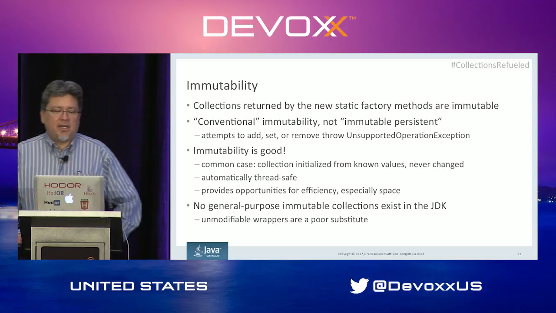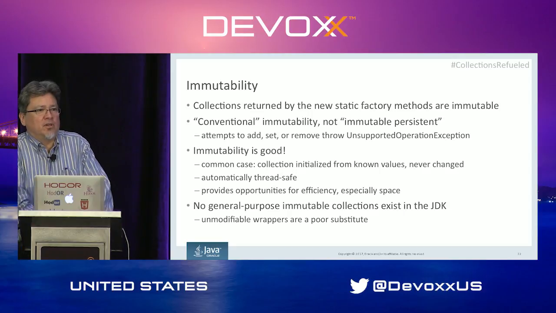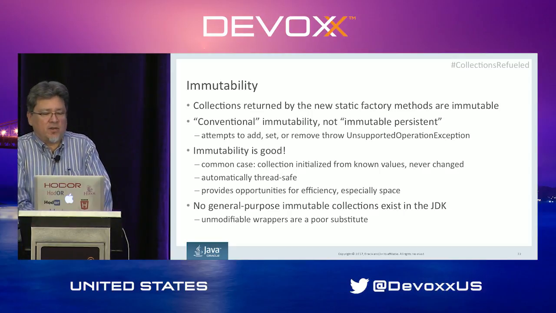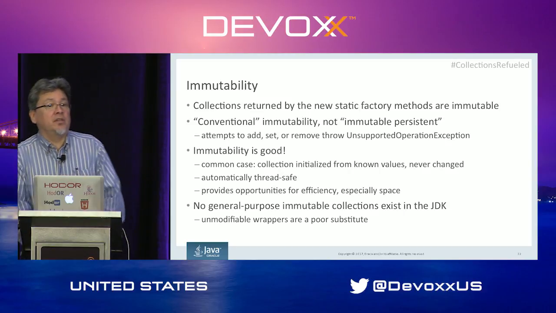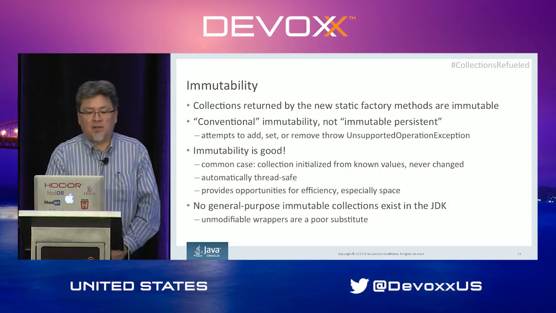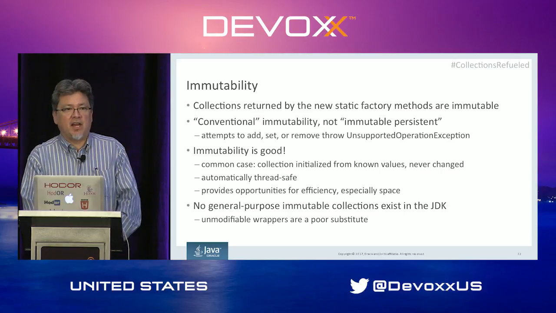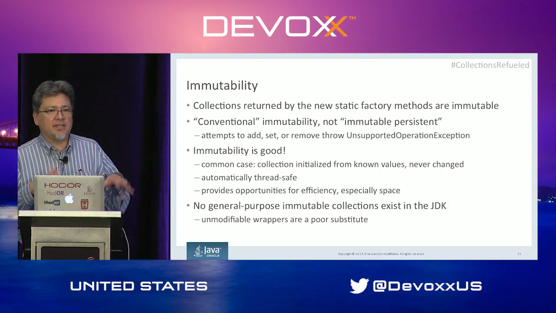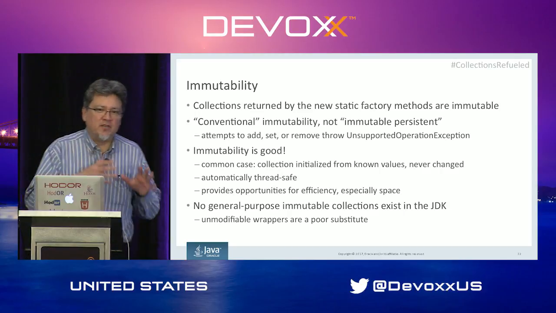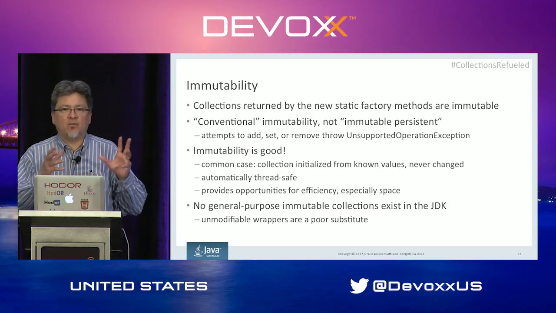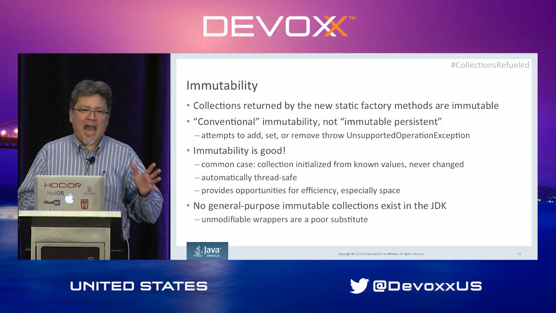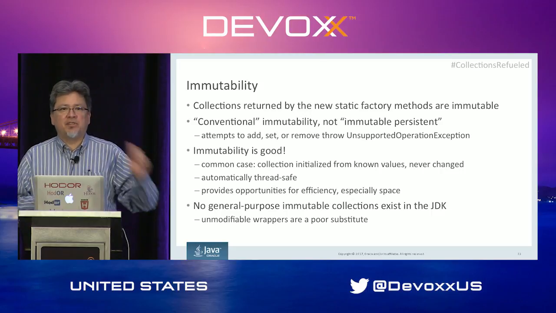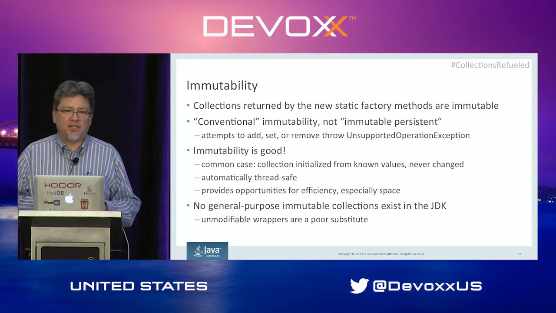All right, so here's something fairly new in the Java world, which is immutable data structures. The instances returned by these new methods are immutable, which means that you cannot modify them. I want to stress that this is what I would call conventional immutability. It's just like a regular Java collection, except that if you call a mutator method like add or put, it is rejected with an unsupported operation exception.